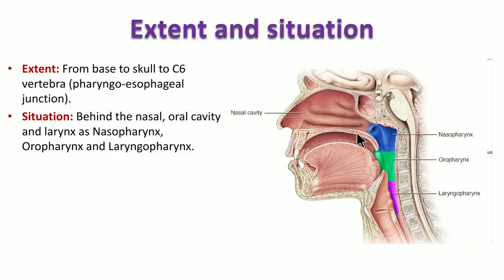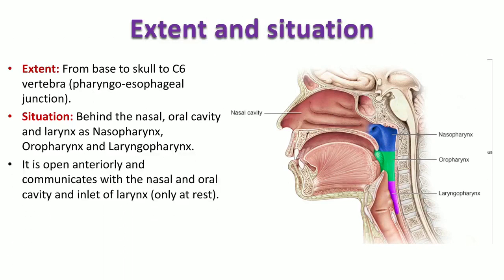Anteriorly it communicates with the nasopharynx above. Then here it communicates with the oral cavity, and more below it communicates with the larynx, mainly through the inlet of larynx.